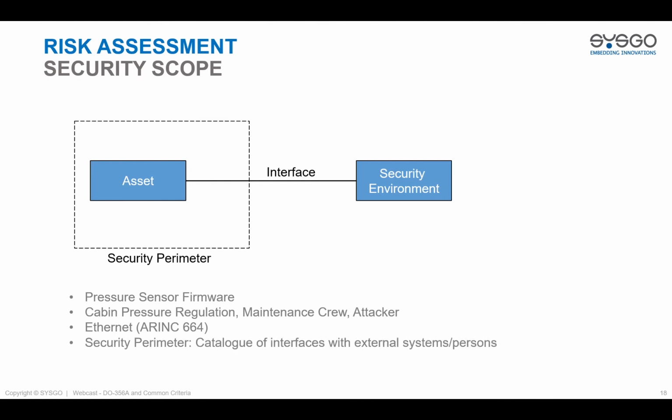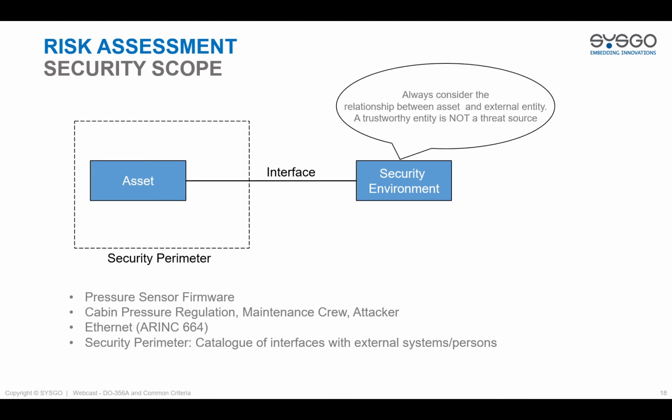When talking about the security scope, we always have to consider the security environment because not everybody in the security environment may be an attacker. For example, the maintenance crew may officially be able to exchange the firmware, and we have to make sure that the maintenance crew can do its work.